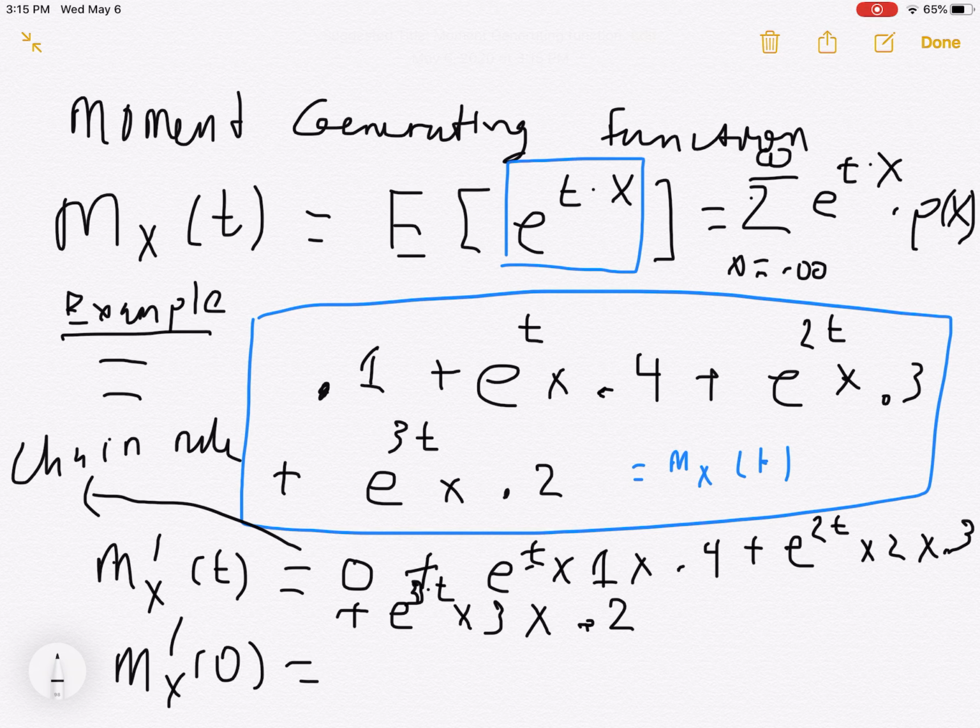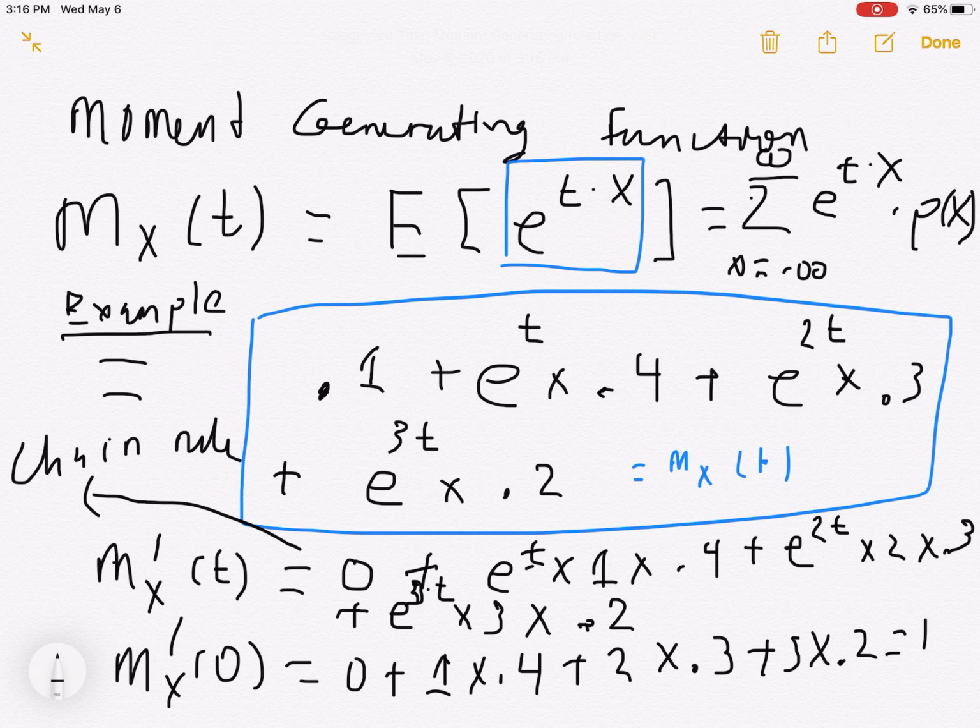When I plug in 0, I'm going to get 0 plus 1 times 0.4, plus 2 times 0.3, plus 3 times 0.2, and that is 1.6. But wait, I've seen that number before. That's the average. So you're telling me that the derivative of the moment generating function at 0 is the expected value. Well, that's going to be a very important fact.